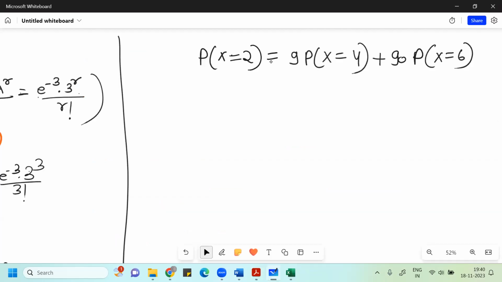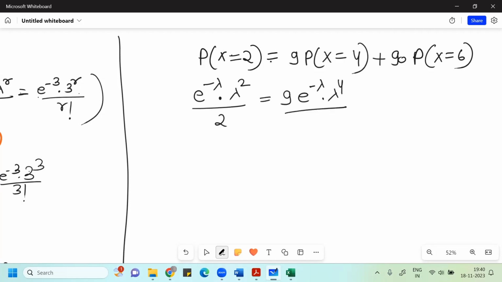Fine. Okay, now let my mean be lambda. e to the power minus lambda into lambda to the power 2 by 2 factorial equals 9 into e to the power minus lambda into lambda to the power 4 by 4 factorial plus 90 into e to the power minus lambda into lambda to the power 6 by 6 factorial.